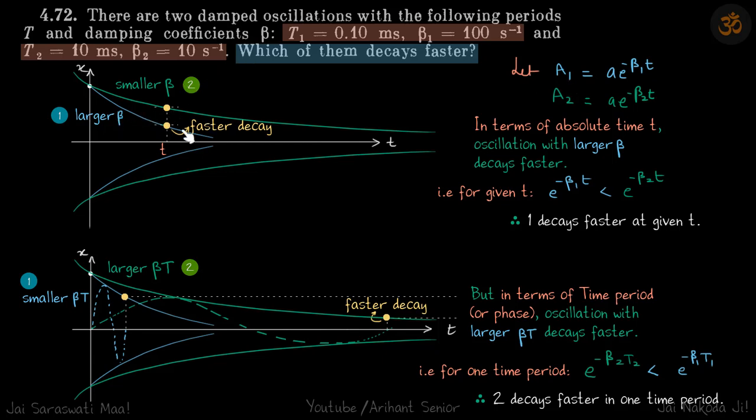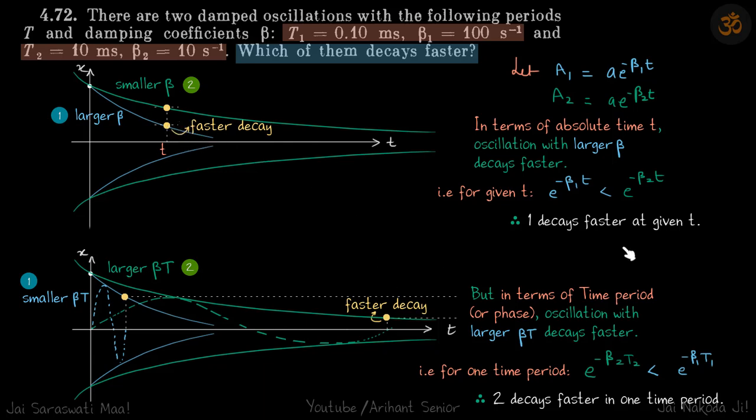In these two, 1 and 2, in 1 you can see beta is higher. That's why 1 is decaying faster. And in the second one, beta is less, so the second one will decay slower. Here we are talking about absolute time t. In absolute time t, they started at the same point, and this decayed less and this decayed more.